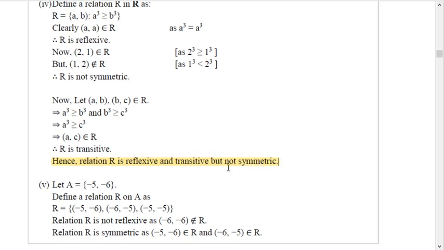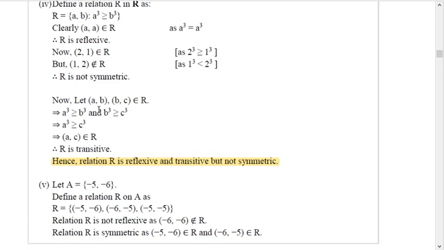So we introduce an inequality sign and the relation is chosen like that: A cube is greater than or equal to B cube. Now see here (A, A) belongs to R, so R is reflexive. For R not symmetric, you see here (2, 1) belongs to R and (1, 2) does not belong to R. Hence R is not symmetric.